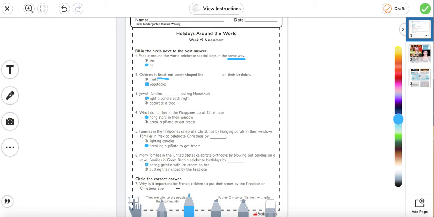Number 7, why is it important for French children to put their shoes by their fireplace on Christmas Eve? Is it because they are gifts to the people in their community, or Father Christmas fills them with gifts?